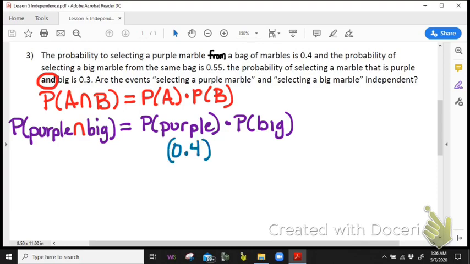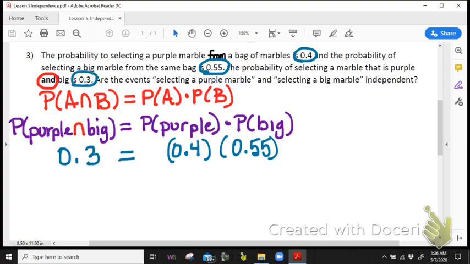And then it says that the probability of selecting a big marble from the same bag is 0.55. The probability of selecting a marble that is purple and big is 0.3.